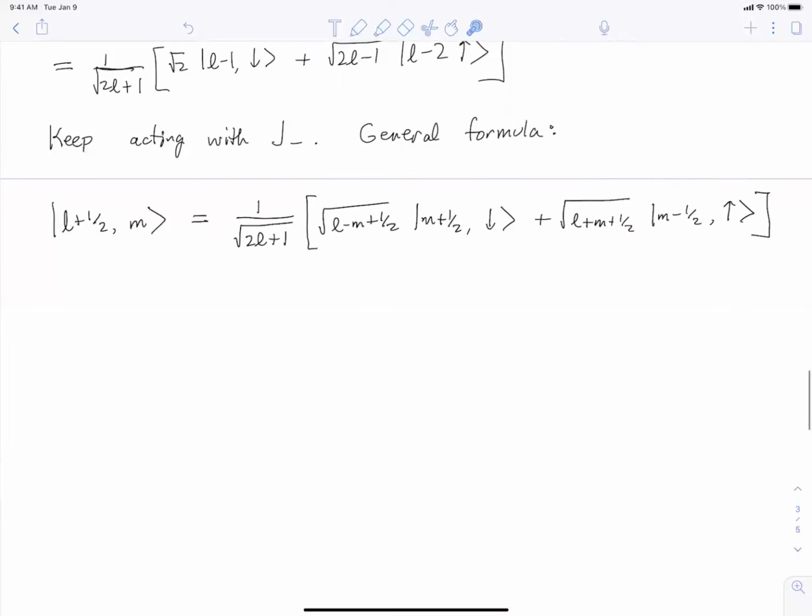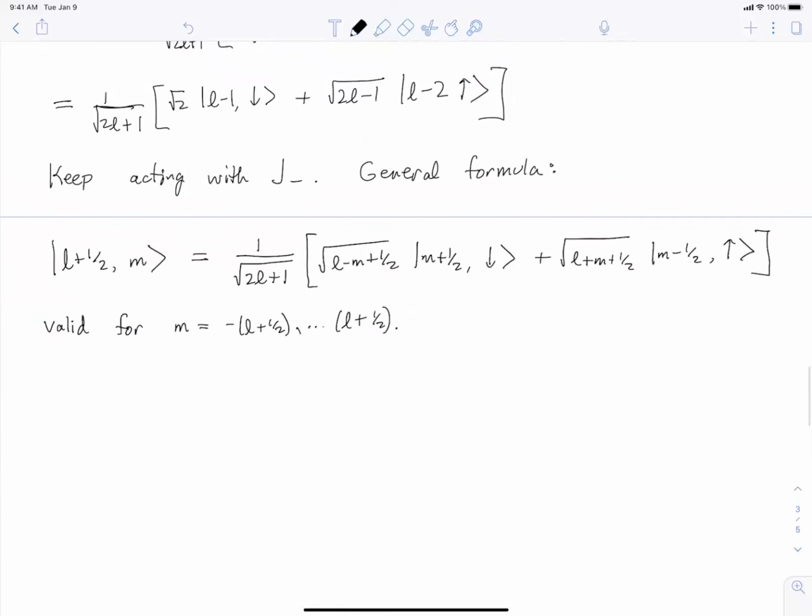Okay? All right, and so that formula is valid for the following possible values of m. So the possible values of m are from minus L plus 1/2 up to L plus 1/2. Okay, and the way that works is we started with this one.